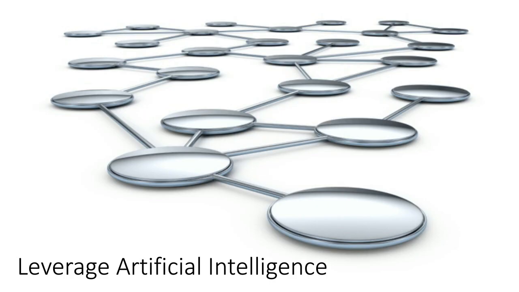And finally, we believe that you have to leverage artificial intelligence. We put this slide last because it touches to some extent on all of the previous ones. So let's leverage artificial intelligence practices and tools to extract insight from all of your information and then streamline and automate how you manage it. So here's some simple examples.